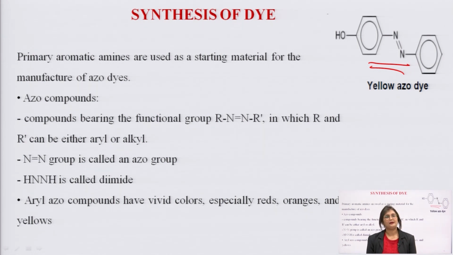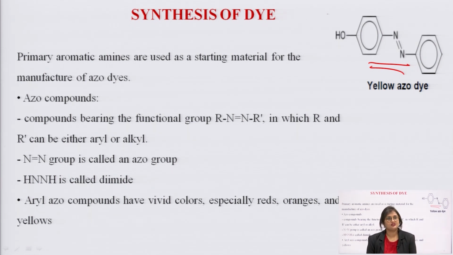Primary aromatic amines are used as a starting material for the manufacturing of azo dyes. So primary aromatic amines, generally aromatic amines, are used for making a large number of azo dyes.